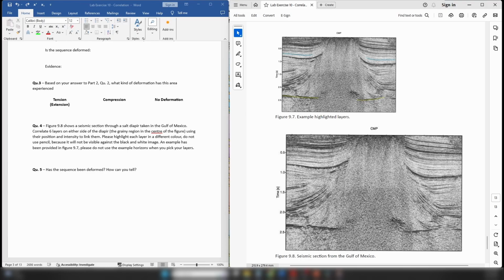That's a relatively straightforward thing to do. Like I said, please do 6, and it's very strongly advised for you to use different colors for each layer if you can.